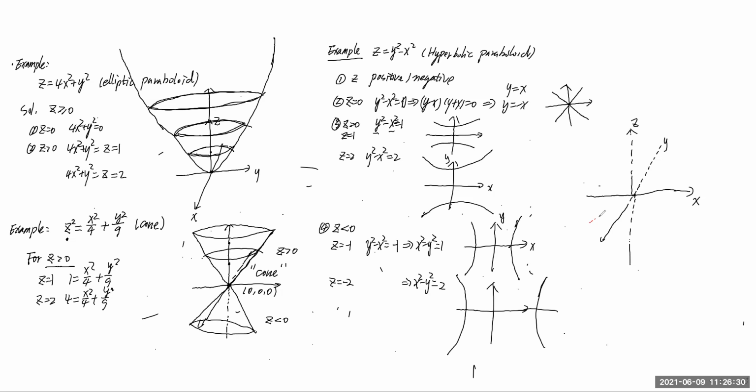You get 2 lines, right, in the xy plane. And then when z is greater than 0, the picture should go up, like this. Try to go up, because z, you can say, is a picture. The picture should be this part.